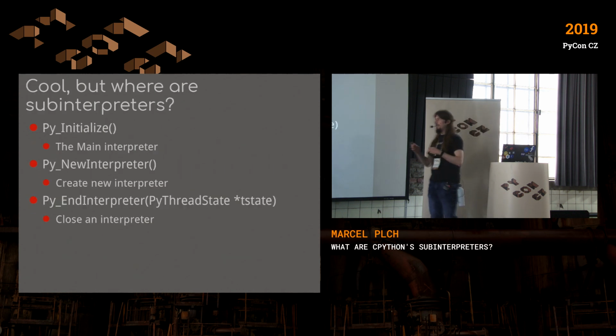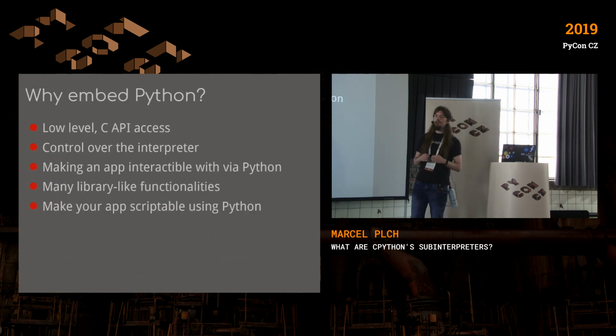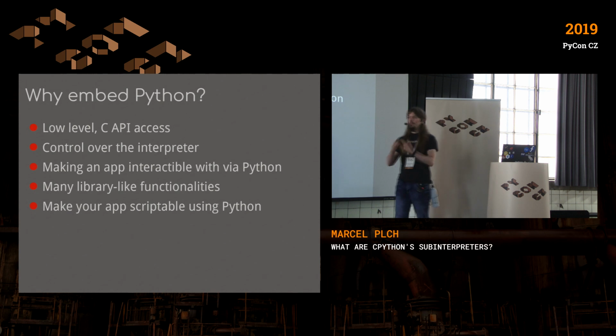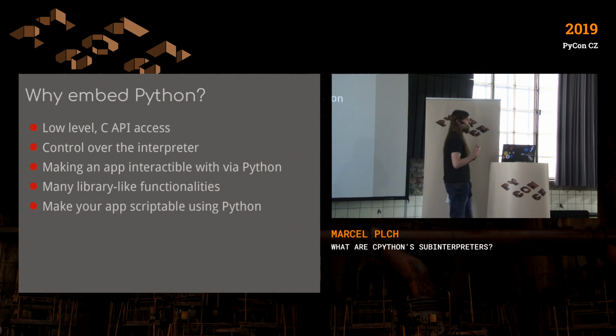And also Python has many library-like functionalities, where in Python there is a math module. It already has some objects implemented, so you can use Python objects if you don't want to create your own implementation. You can use some communication protocols, and sometimes it's really simpler to just use what is already created instead of re-implementing the wheel.